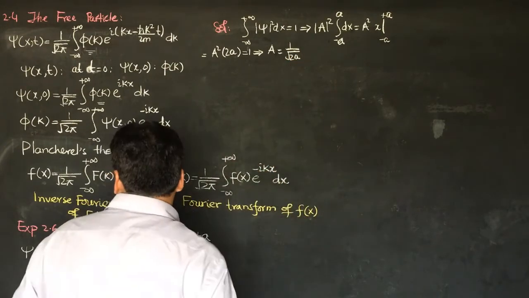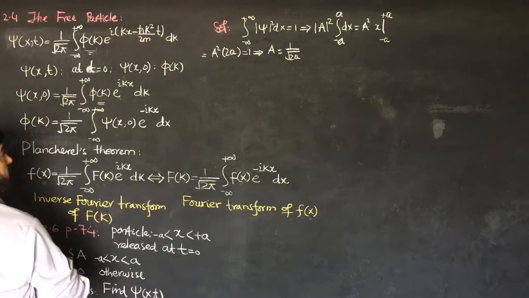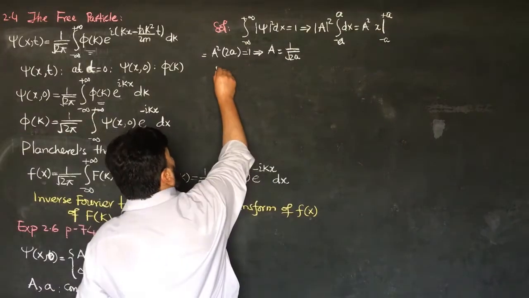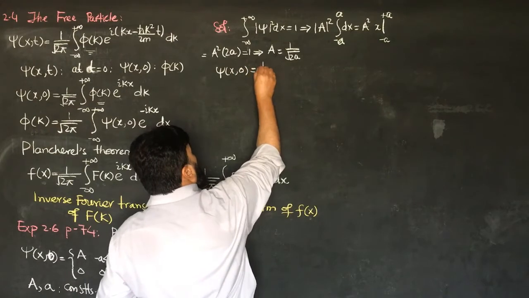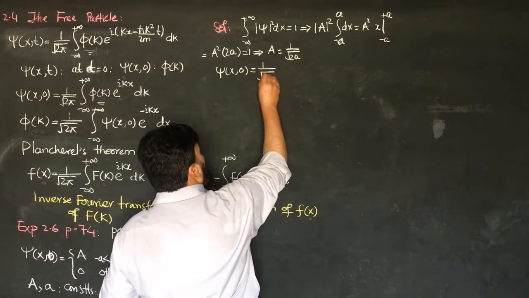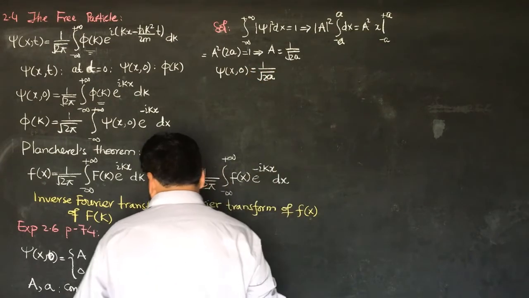So our wave function ψ(x,0) came out to be 1 over the square root of 2a.